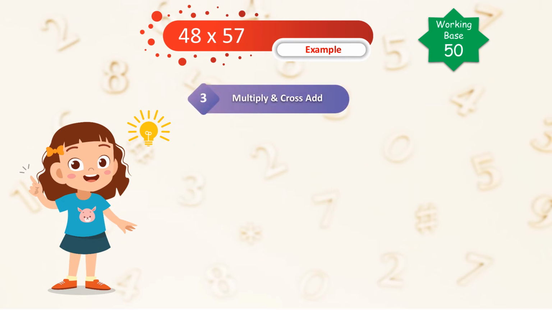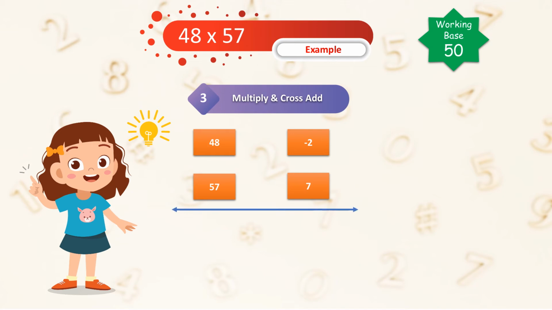Step 3, we have to multiply and cross add like before. 48 with minus 2, and 57 with 7. To begin with, we will multiply minus 2 and 7. Minus 2 times 7 is minus 14.